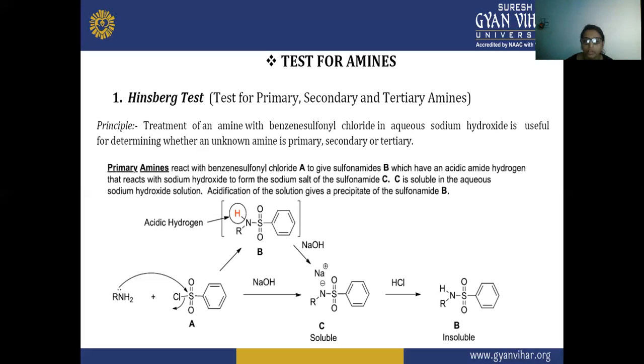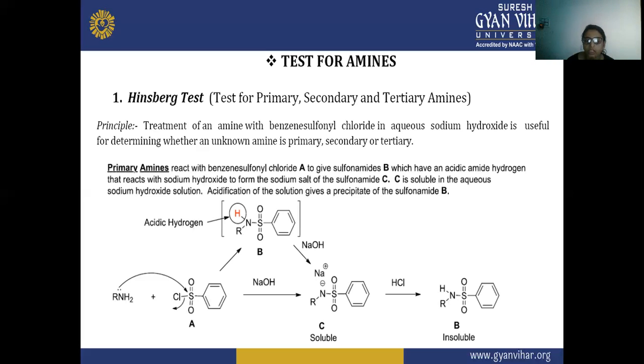sulfonamide has an acidic amide hydrogen, and it reacts with the sodium hydroxide. So the sulfonamide is reacting with the NaOH. This NaOH will dissociate into Na positive and OH negative.